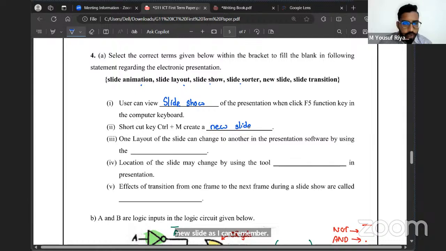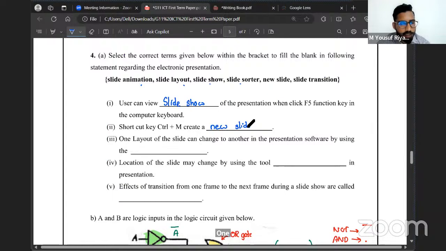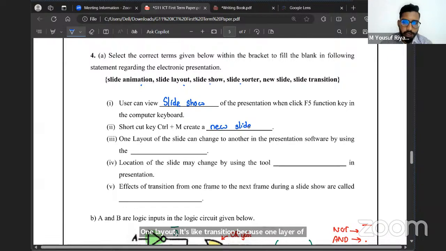One layout of the slide can change to another in the presentation software by using the... I thought it was slide transition, because in transition you go from one slide to another slide. Animation is in the same slide itself, not two slides.